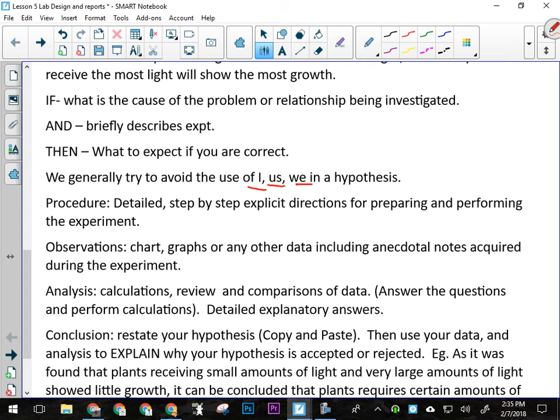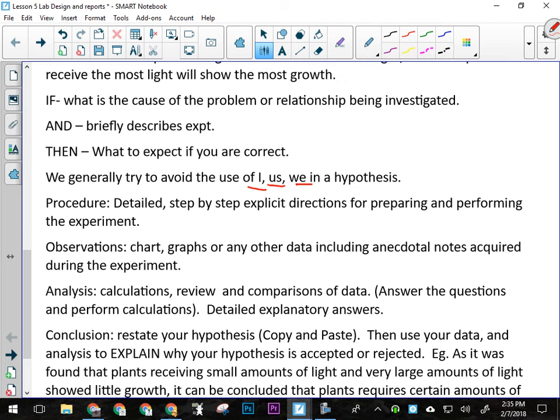If you put, I'm going to do this in your hypothesis, every time someone repeats your experiment, who has to be there? You. Doesn't make it repeatable without you being there. So you try not to include I, us, we, or any specific people, or it's hard to repeat the experiment. So in a hypothesis, what I don't want to see is, I think this will happen.